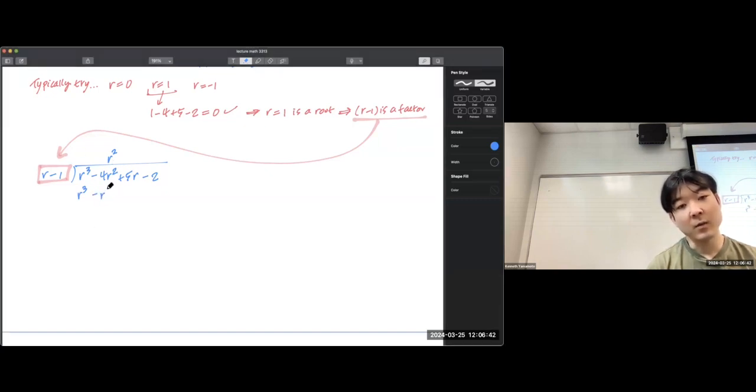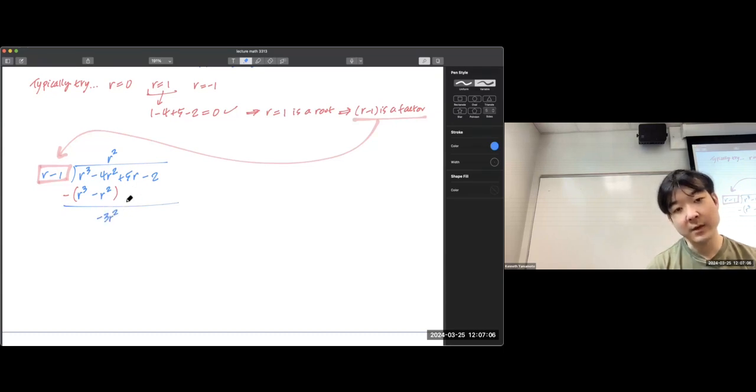And then the long division requires you to subtract this. So you'll get r cubed minus r cubed, which is 0. That's the whole point. We were trying to match that so that it goes away. Negative 4r squared plus r squared is going to be negative 3r squared.